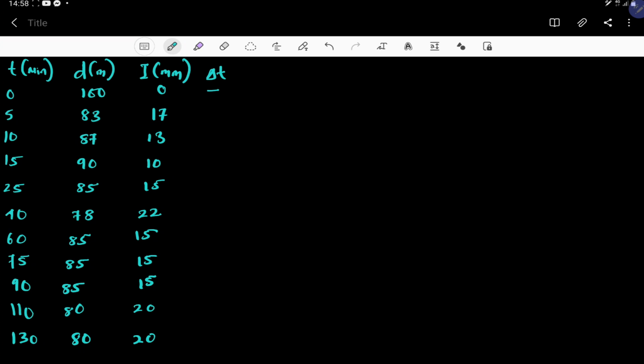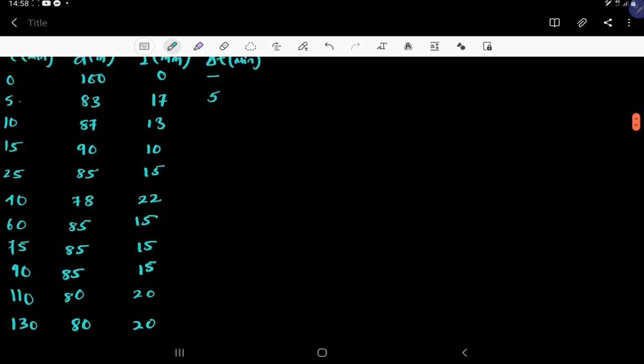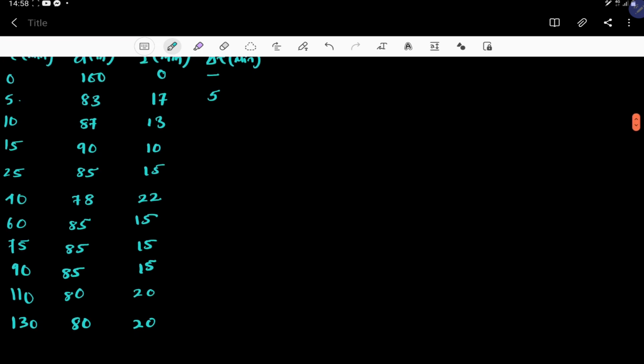For the next it is 5 minus 0, which is 5 minutes. So here it is in minutes. Again 5 minutes, again 5. Then 25 minus 15 is 10, and again it's going to be, sorry, this is not 40, it is 45, so I'm erasing this time.